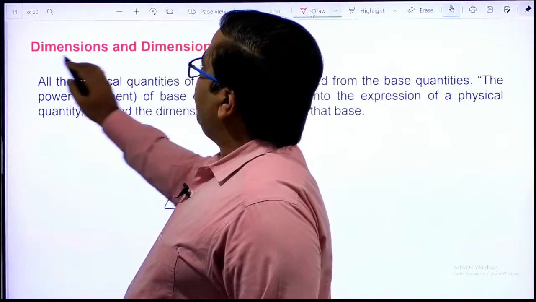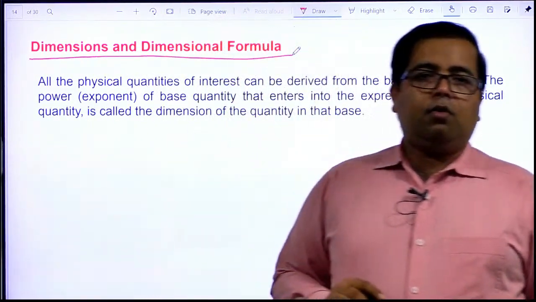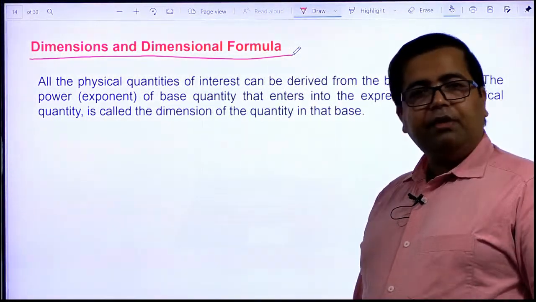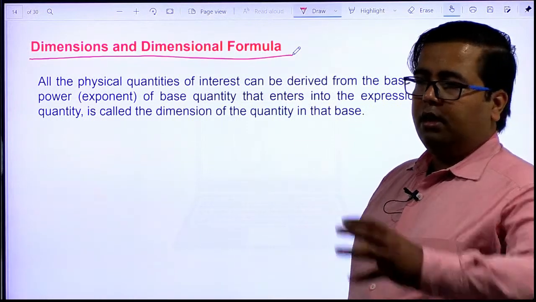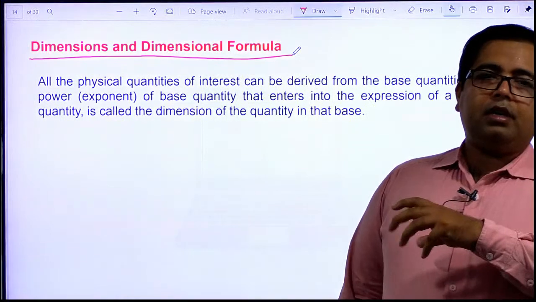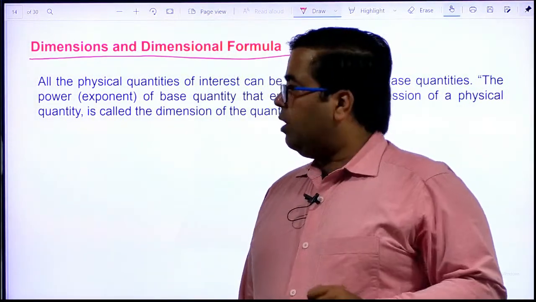What is dimension? The first point that comes to our mind. Every derived physical quantity is represented in terms of fundamental quantities.